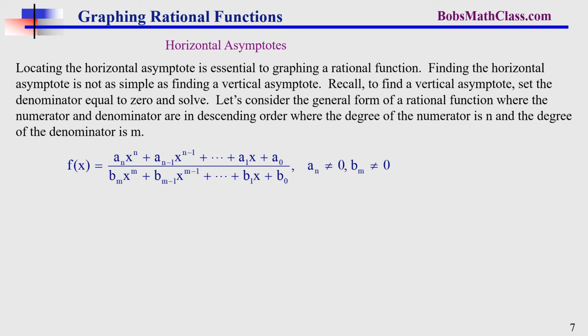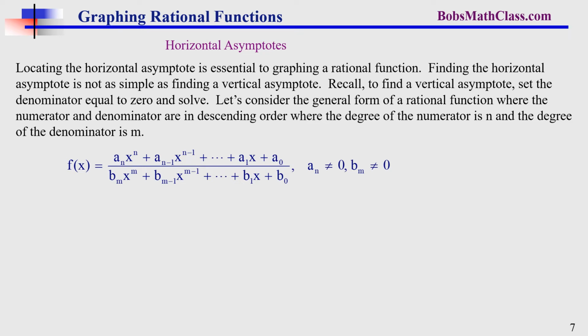So let's consider this general form of a rational function. I know it looks ugly, right? a sub n x to the n, plus a sub n minus 1 x to the n minus 1, plus dot, dot, dot. It's just a way of writing it. Try not to get confused by the notation. The degrees of the numerator and denominator are in descending order.